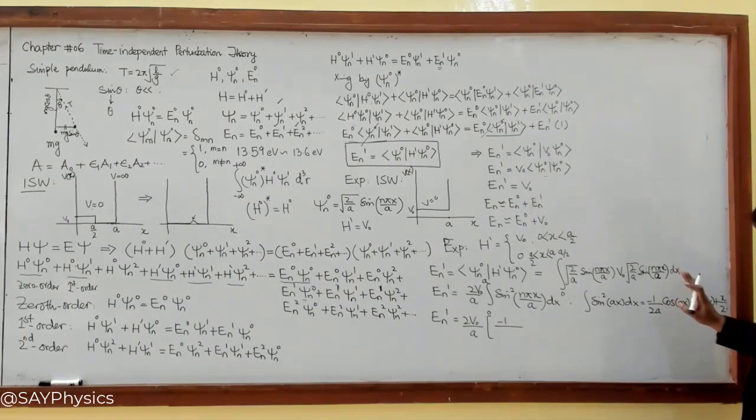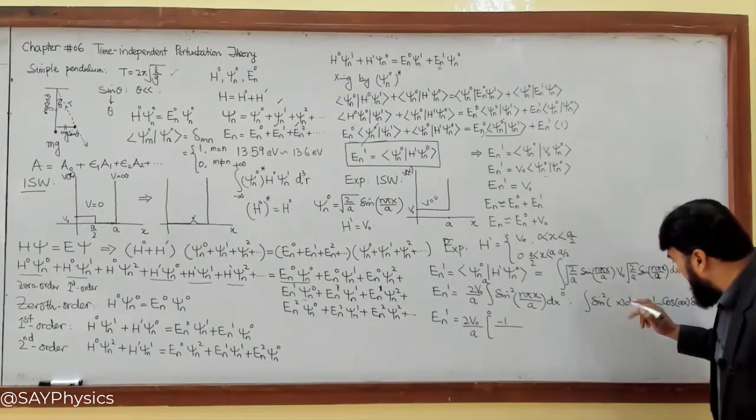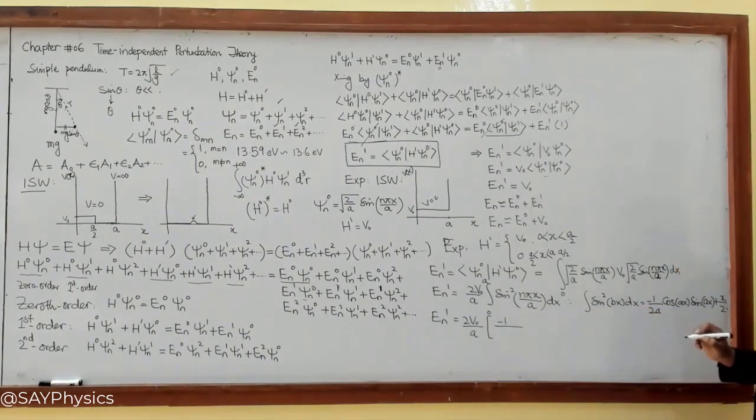Okay, there are two things which are confusing here. So let me make this one as b, because this a and this a are creating a confusion. So this is 2b cos bx sine bx plus x over 2. Now it will be easy. What is the value of b here? The value of b is n pi over a.